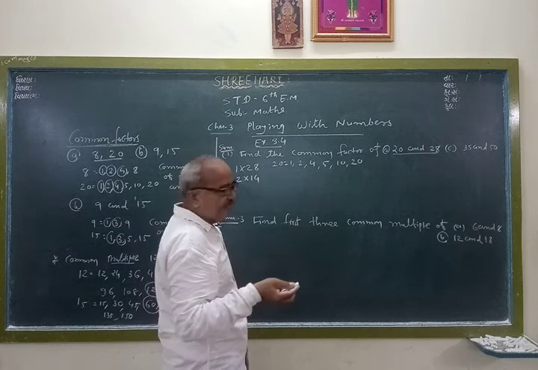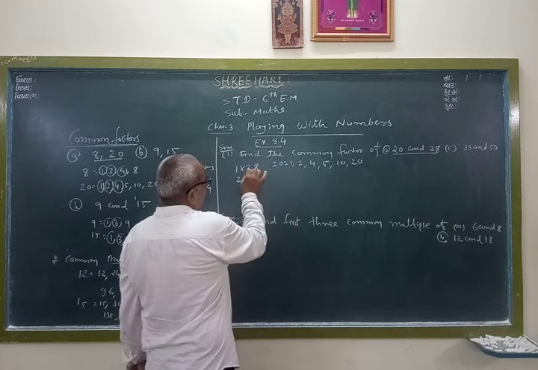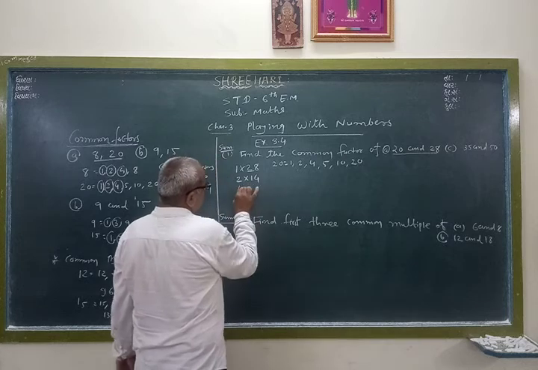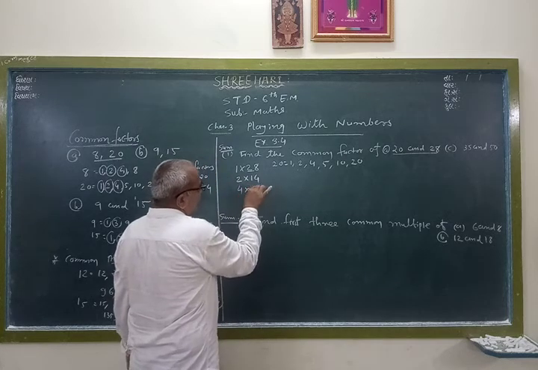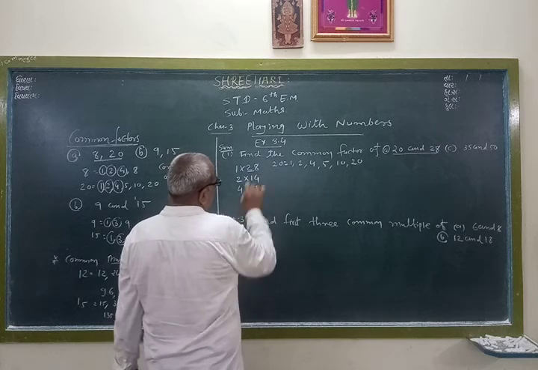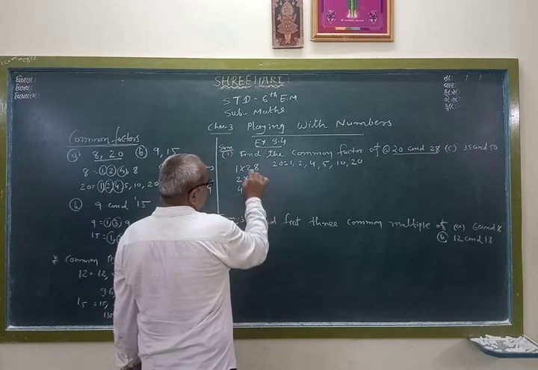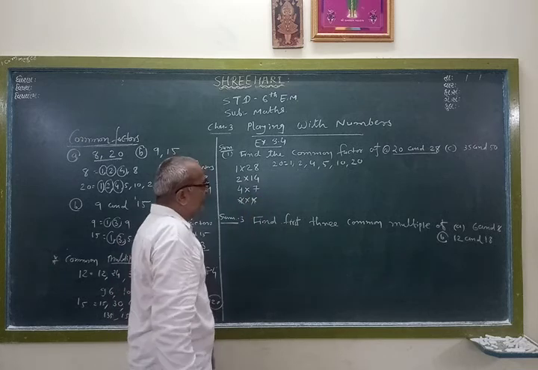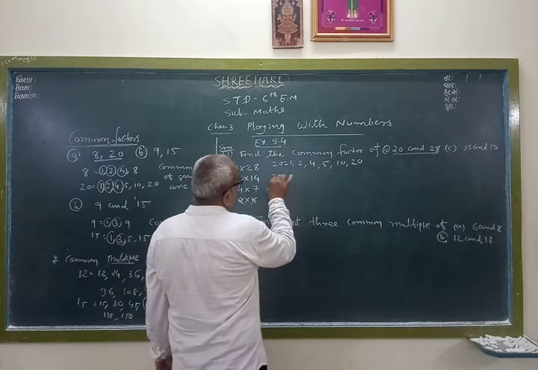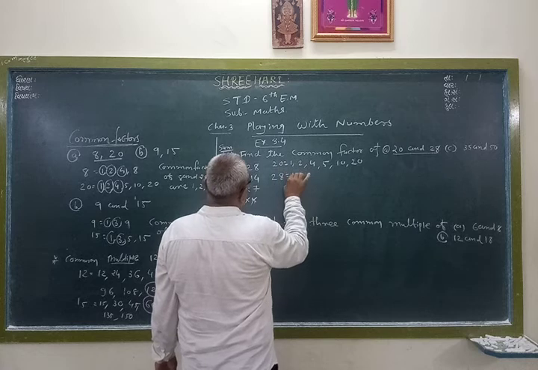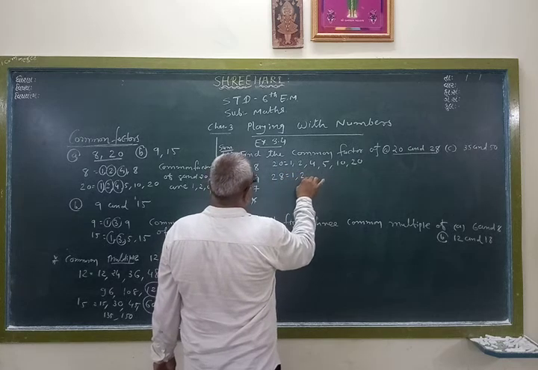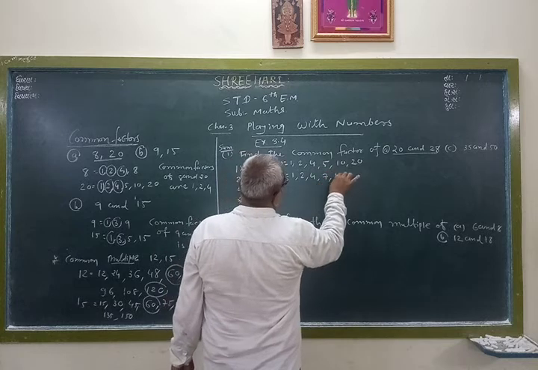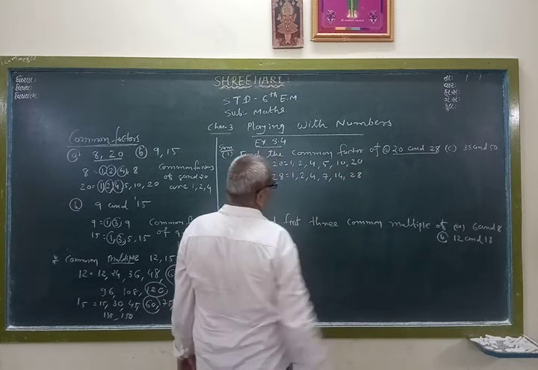We can't divide it by 10. 3, so we do not divide 28 by 3. 4, 4 7s are 28. 5, we can't divide. 6, we can't divide. 6 4s are 28, repeated, so cancel. Now the factors of 28 are 1, 2, 4, 7, 14 and 28.